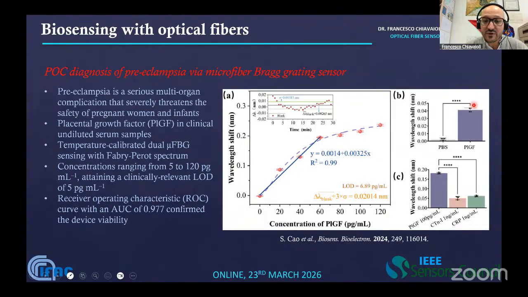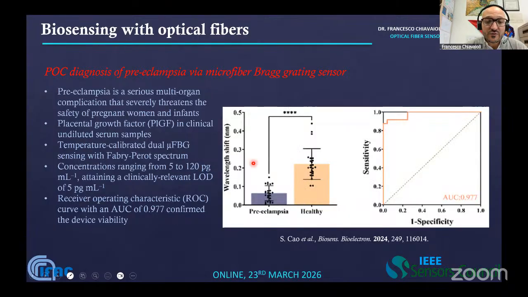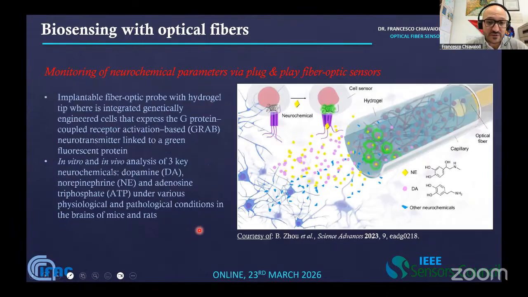You can see we can distinguish between the standard condition and the preeclamptic condition. We can also retrieve a kind of standard threshold to distinguish between healthy patients and preeclamptic patients, and we get very interesting specificity outcomes.